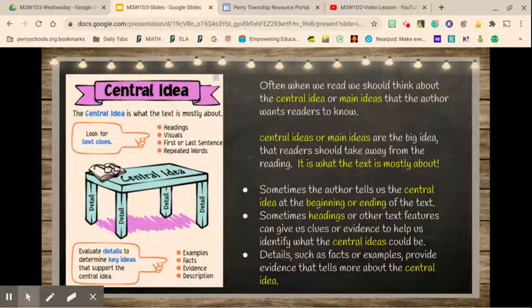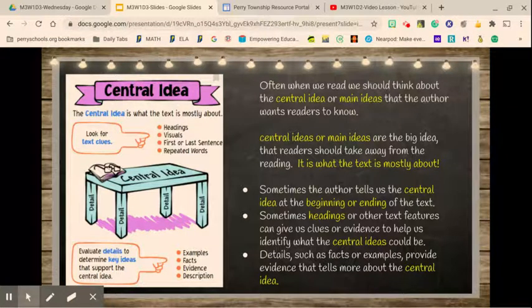Sometimes the author tells us the central idea at the beginning or ending of a text. Sometimes headings or other text features can give us clues or evidence to help us identify what the central ideas could be. Details such as facts or examples provide evidence that tells us more about the central idea.